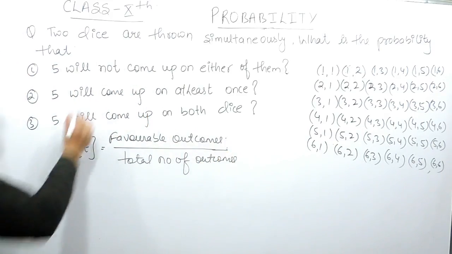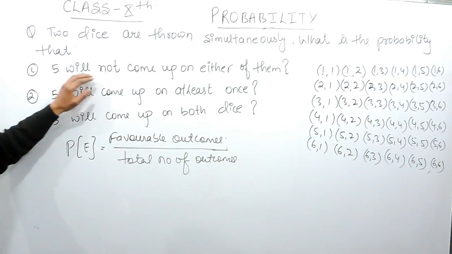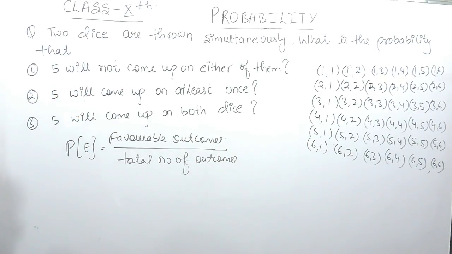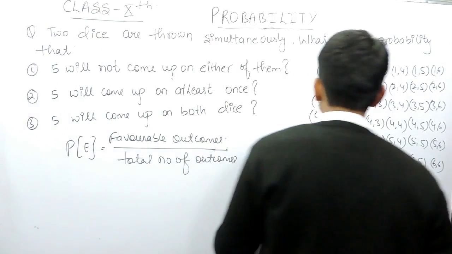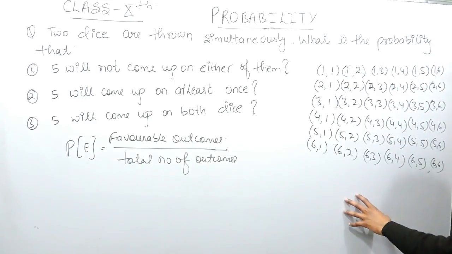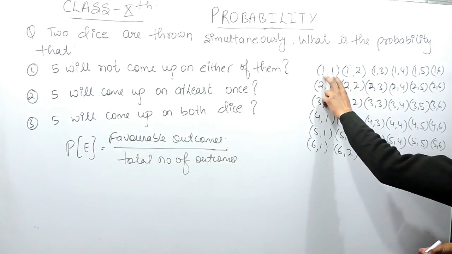For the first case, 5 must not come on either die. We can count here, this is the first case where 5 is not there.